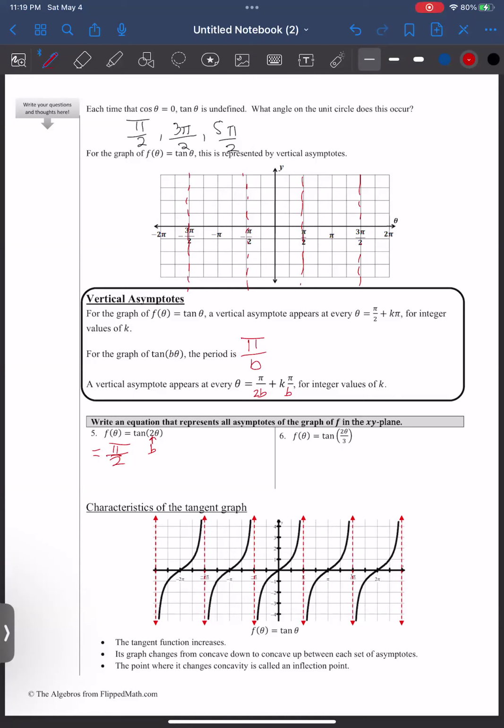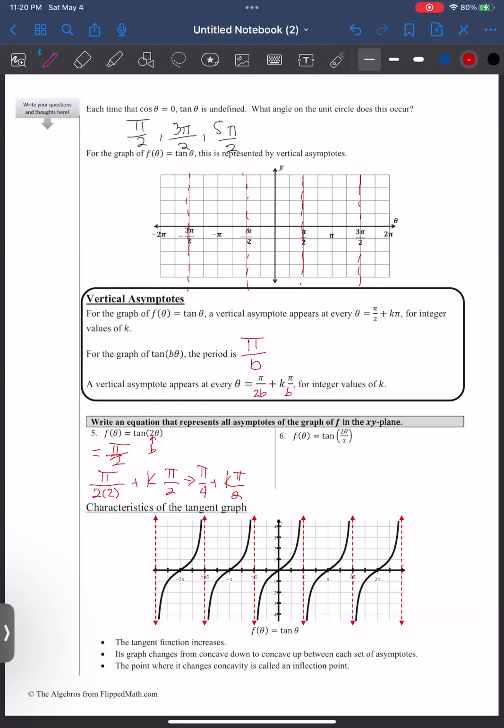So my period is pi over 2, meaning that at every theta, it's pi over 2 times 2 plus k pi over 2, which is the same thing as saying pi over 4 plus k pi over 2 for integer values of k. Okay, so that's what that basically means. I don't think it's too complicated, but you can try number 6 on your own, and I will give you the answers again during class time.